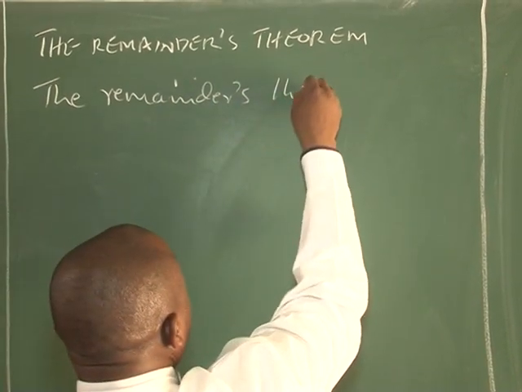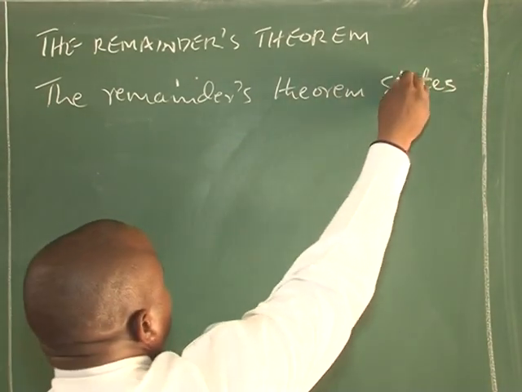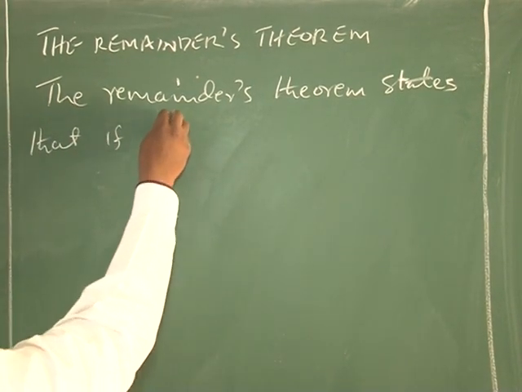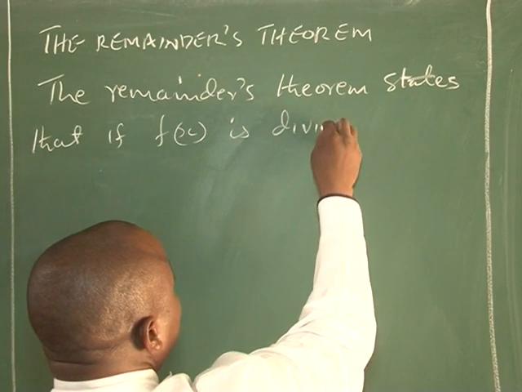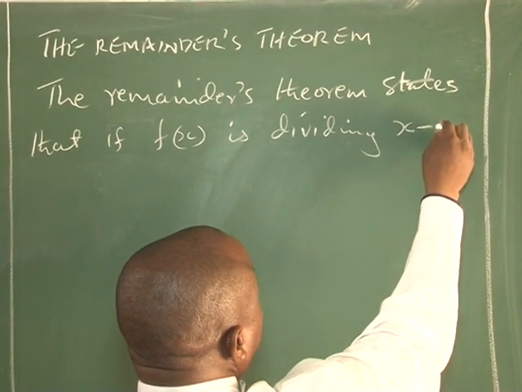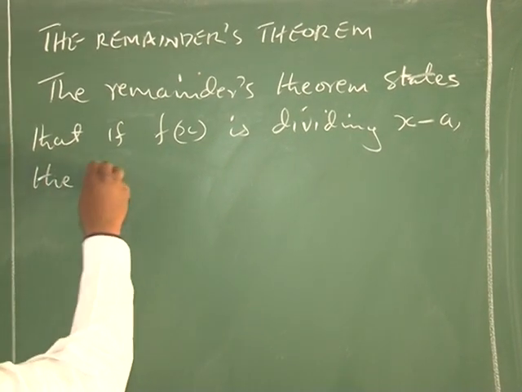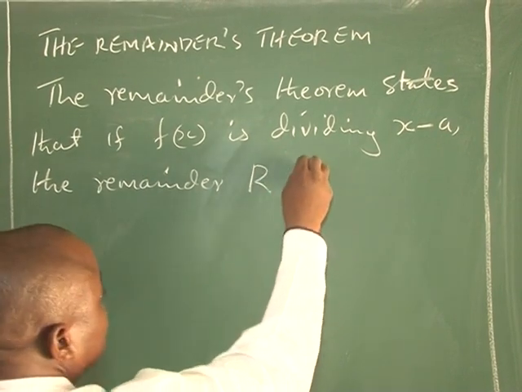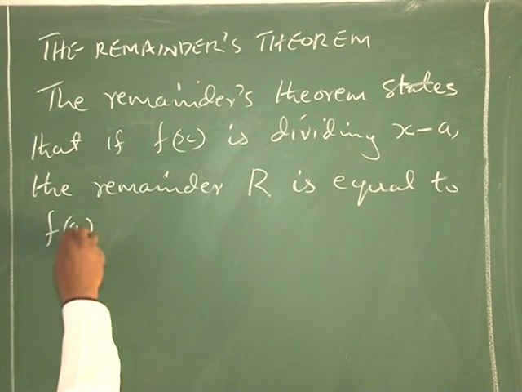The remainder theorem states that if a polynomial f of x is divided by x minus a, the remainder r is equal to f of a.